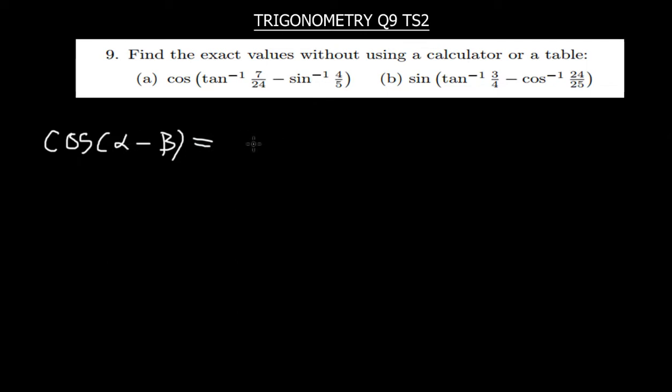So for cos, always, the trig ratio that is this side is the one that will start here. So since we have cos this side, we're going to start with cos here.